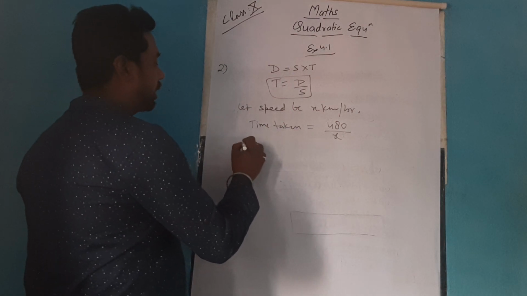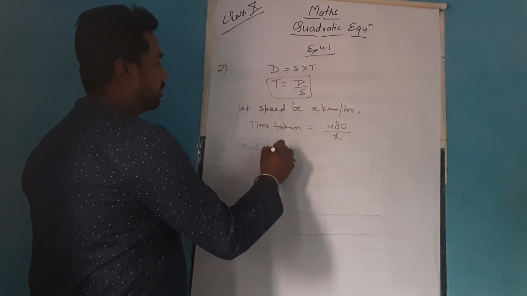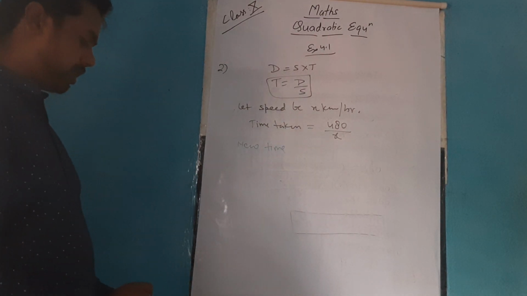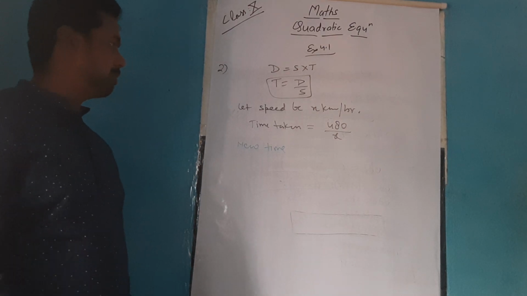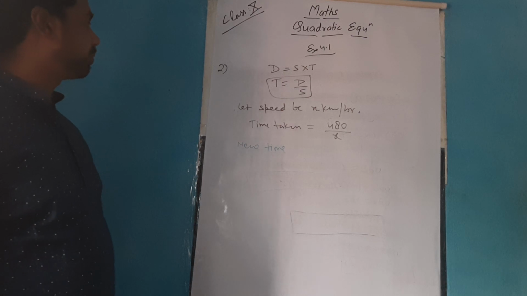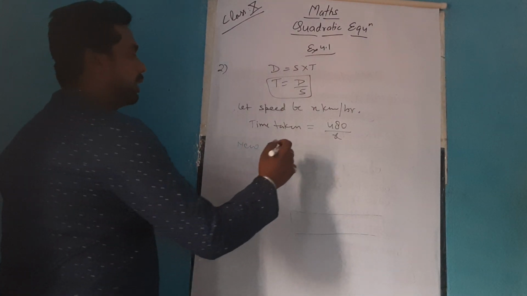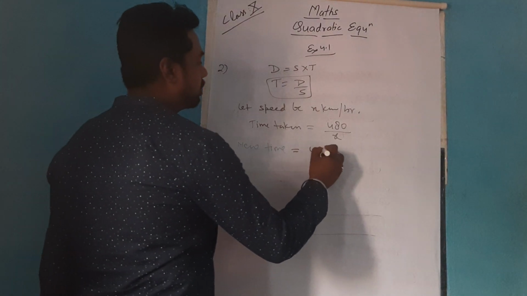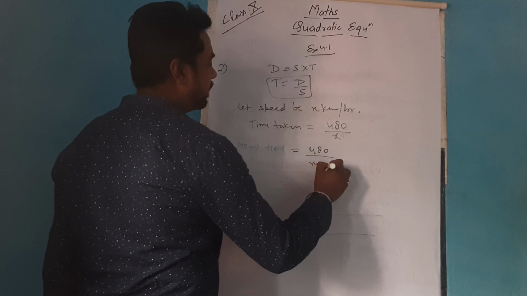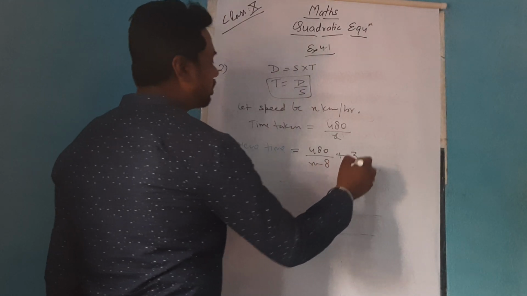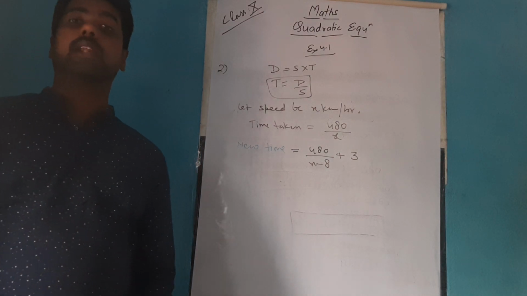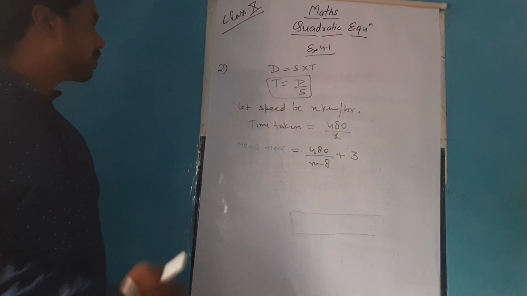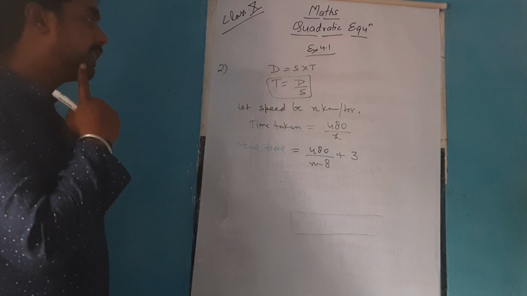So the new time taken when he is decreasing the speed is 480 by (x minus 8), and it is 3 hours more than the previous time. So 480 by (x minus 8) is equal to 480 by x plus 3.